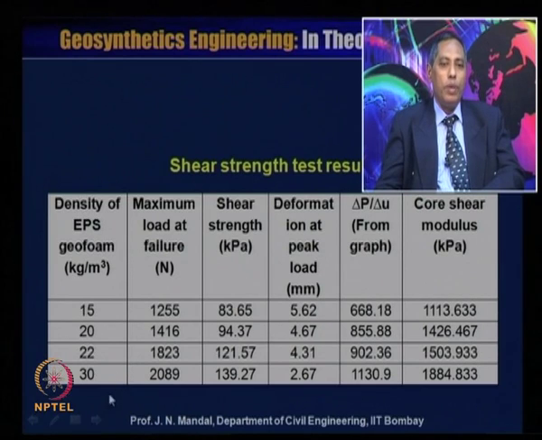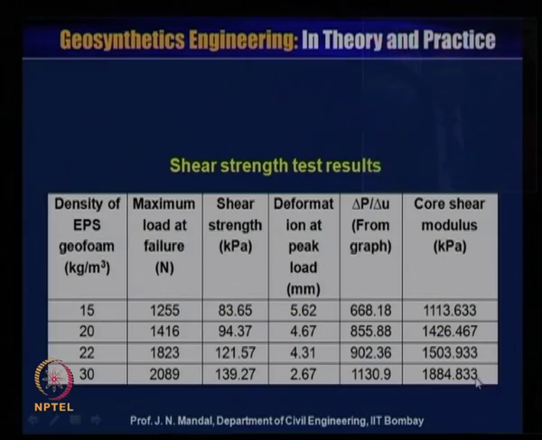When the density of EPS geofoam is 30 kg per meter cube, the maximum load at failure is 2089 Newton, the shear strength value is 139.27 kilopascal, the deformation at peak load is 2.67, delta P by delta U is 1130.9, and the core shear modulus is 1884.833 kilopascal.